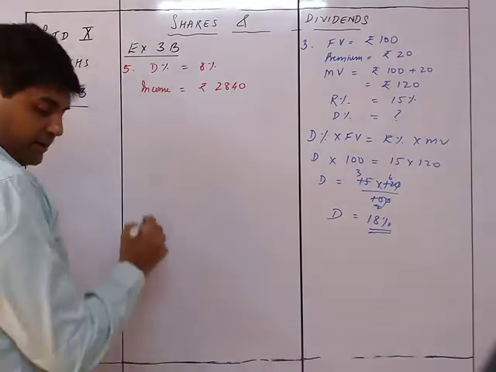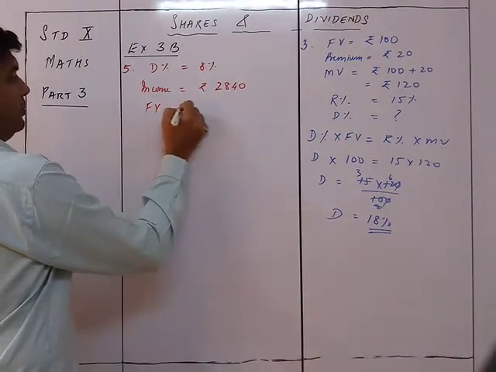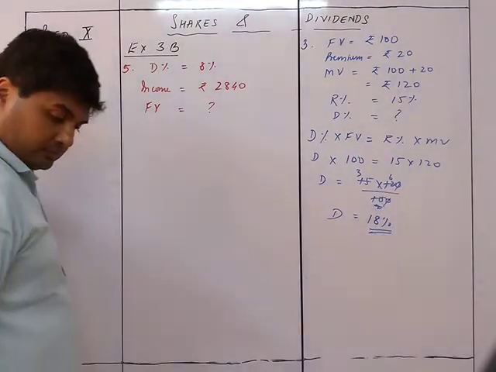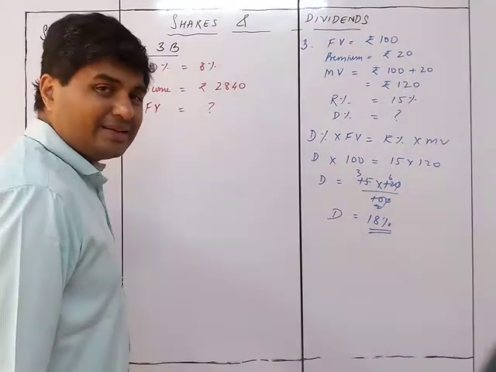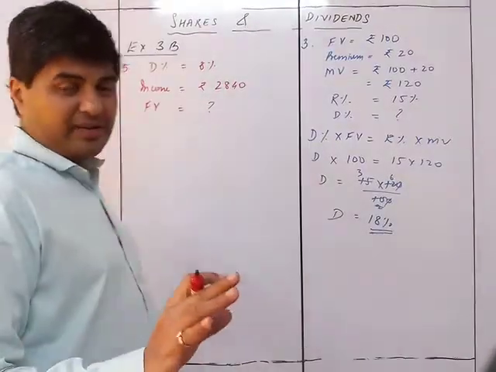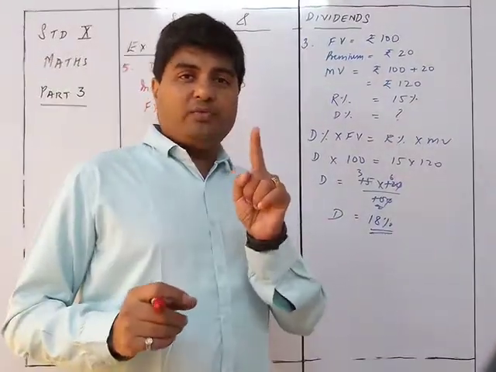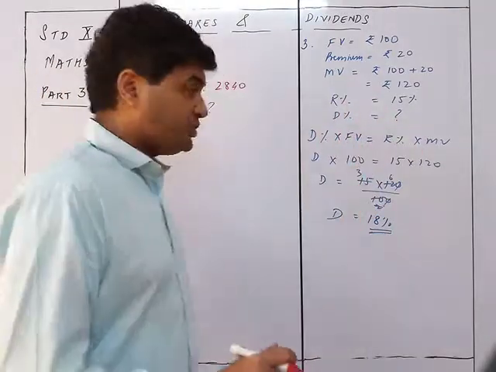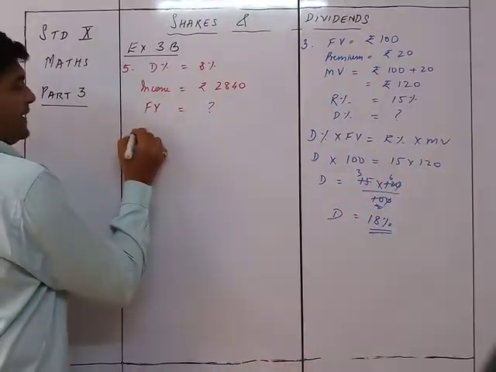You need to find out the face value of the share. Okay, we consider this is just a single share. We are just finding out the face value of the shares. That means we are not finding out for each one, we are finding out the total face value of the share.